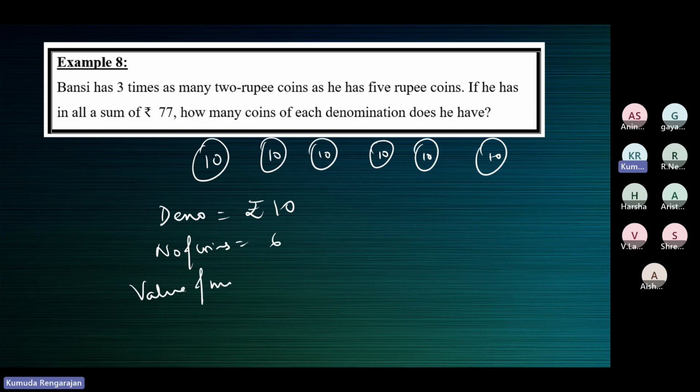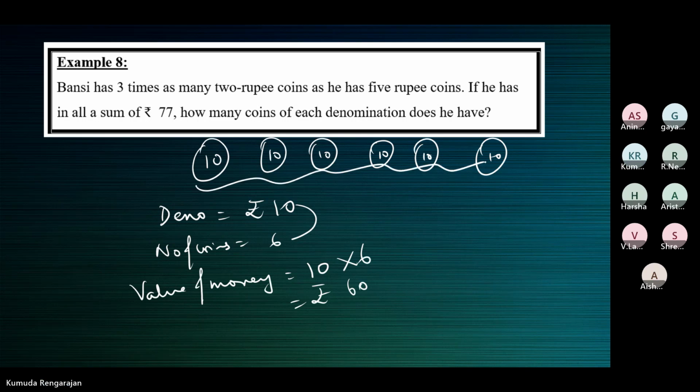The value of money you have with you is 10 into 6, denomination into number of coins. So the total money you have with you is 60 rupees, in the form of coins. It's the same as having a 50 rupee note and a 10 rupee note.